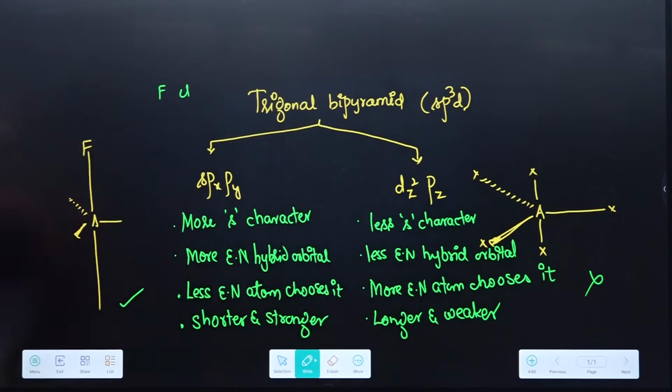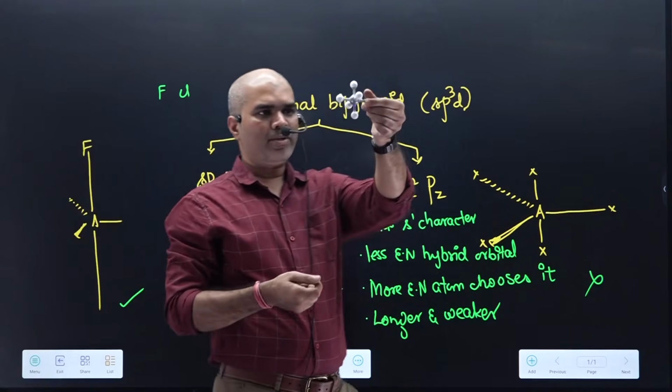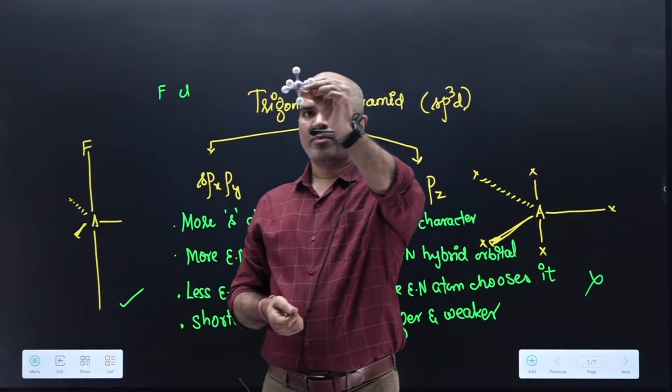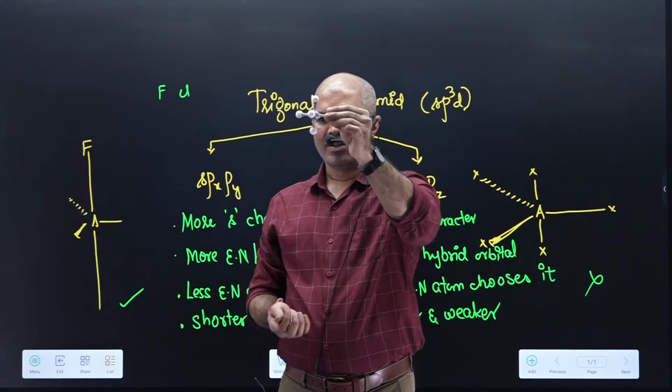Then we have octahedral geometry. This is octahedral geometry. From everywhere it is symmetrical.